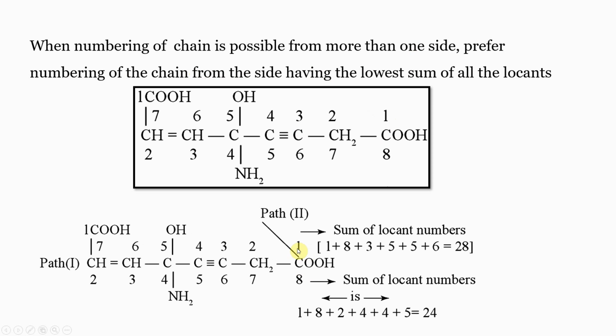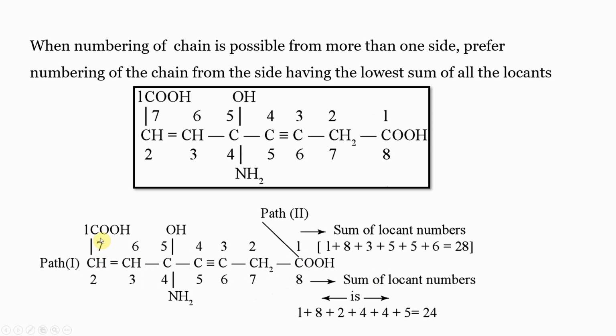Okay, now look at the sum here. Going the top way, this numbering gives 1, 1 plus 8... okay, sorry, 1 2 3 5 5. Oh, okay, they have done it the other way around, sorry.